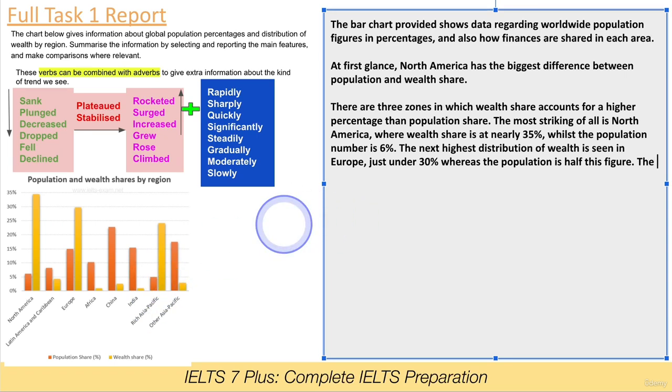So the last region following this trend is rich Asia Pacific.